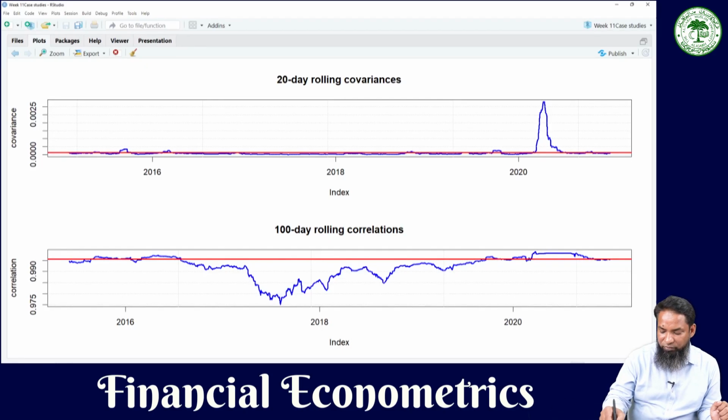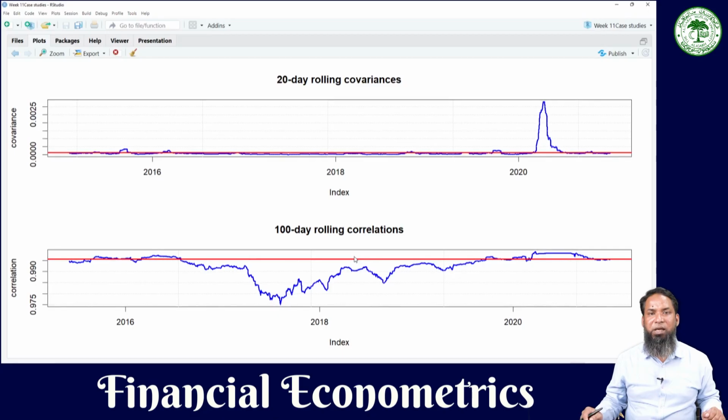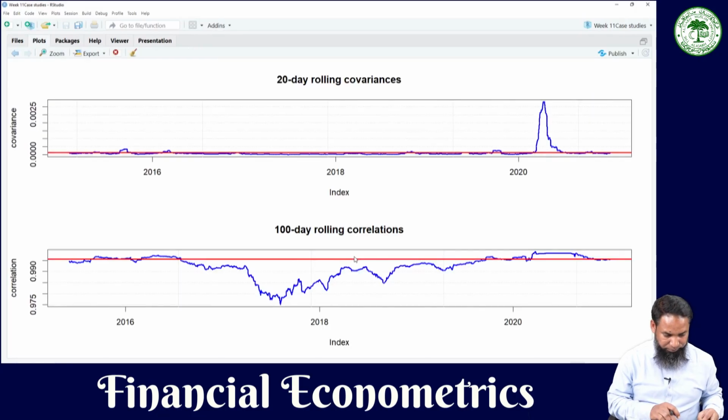These are the areas where we have uncertainty. So in case of uncertainty we have high correlation, and that is basically theoretical. Financial theory says that if there is more uncertainty, then the correlation will increase. When there is a calm period, the correlation may decrease, and that is what we are observing here also.